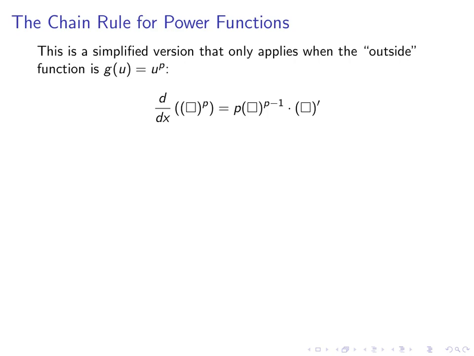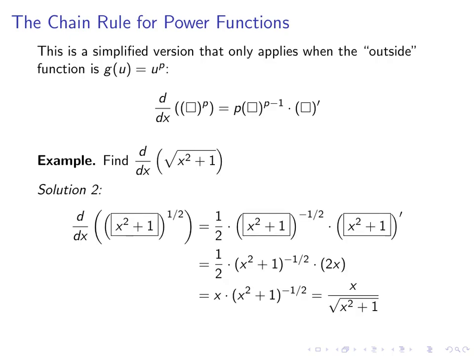So for example, if I have the derivative of the square root of x squared plus 1, like I had before, it's going to look like this. I'm going to take my rule for the power, and here I'm thinking about the power being 1/2.